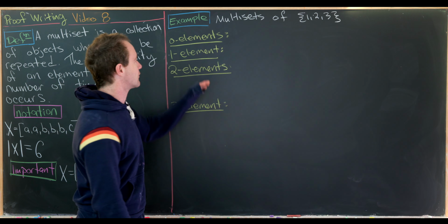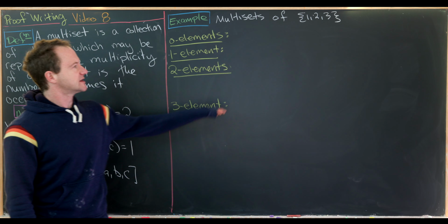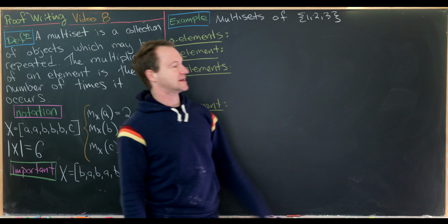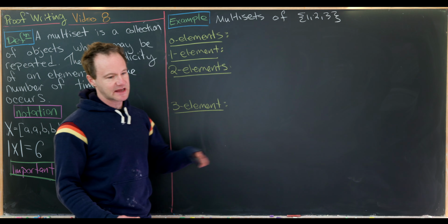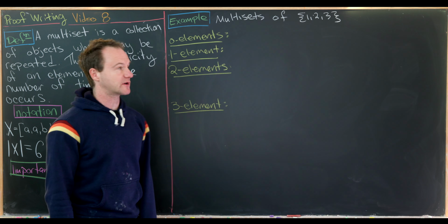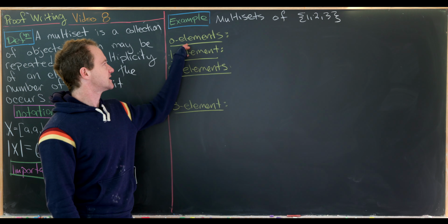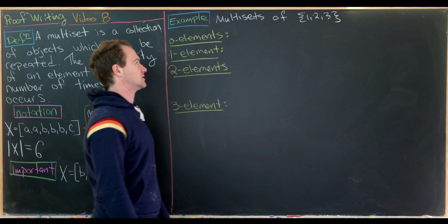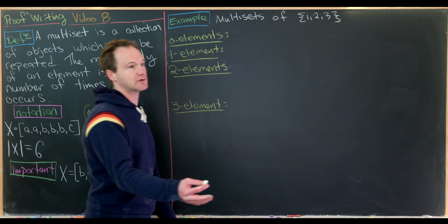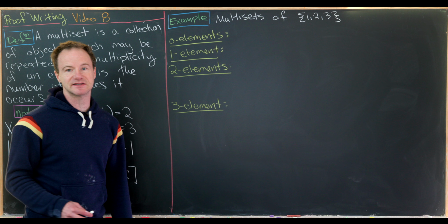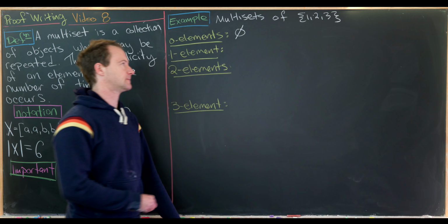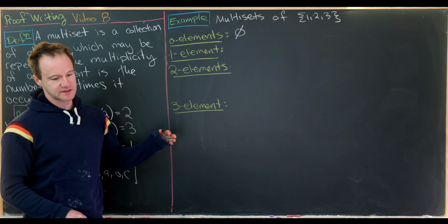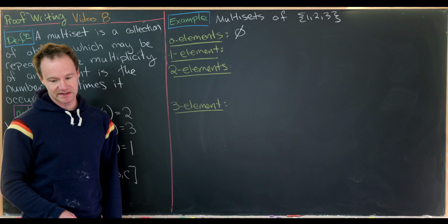And we'll start that with an example. So let's say we've got a 3-element set and we want to find all multisets that contain elements from this 3-element set. So let's start with 0-element multisets. Well, there's only one 0-element multiset, and that's the same thing as the 0-element set, which is the empty set. Okay, now let's look at 1-element multisets.